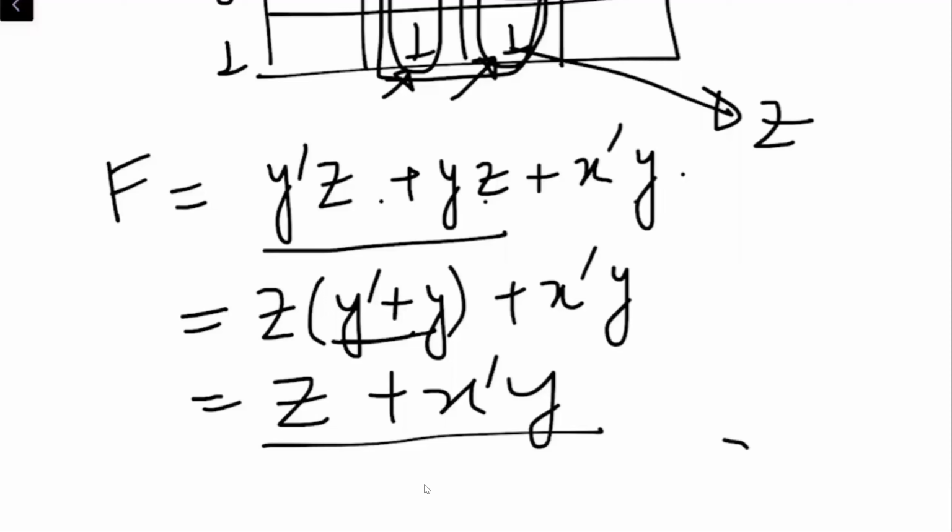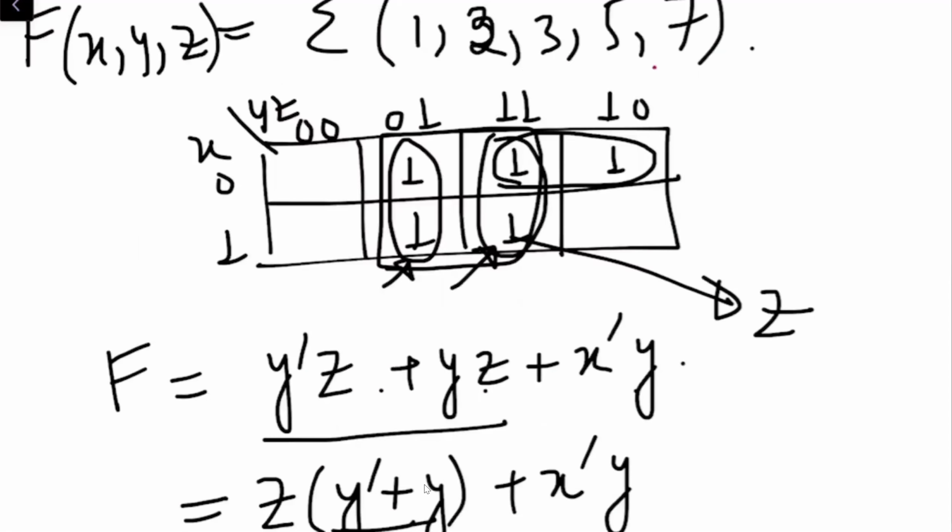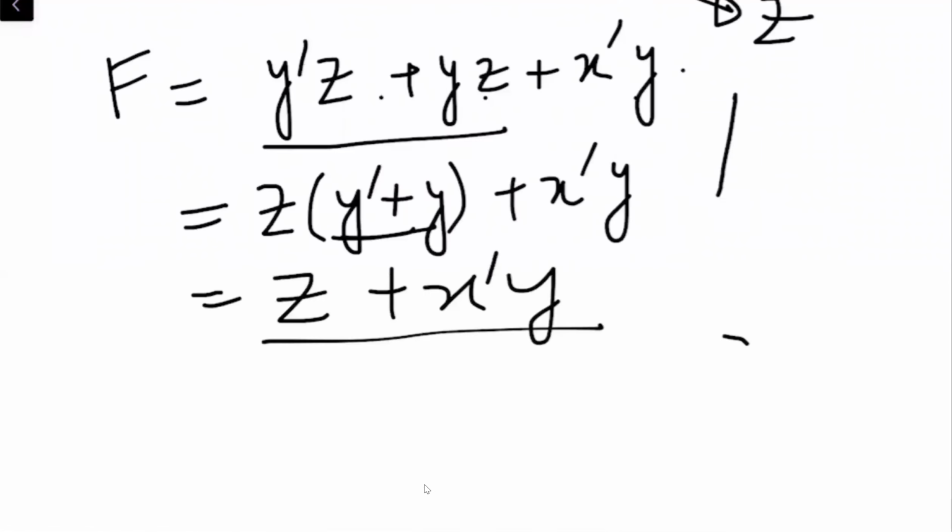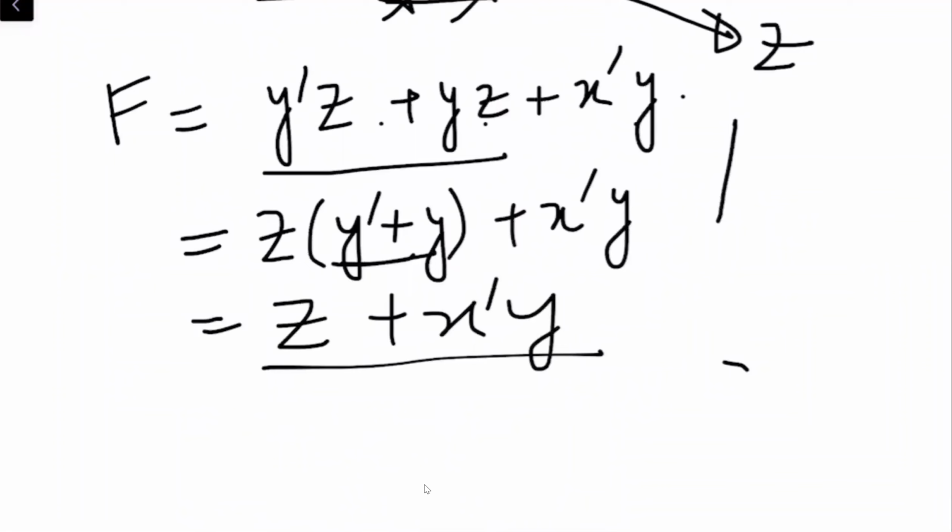So this way we can make a group of 2, or a group of 4, or if all are 1, this means every box is ticked as 1, so the function will be equal to 1.